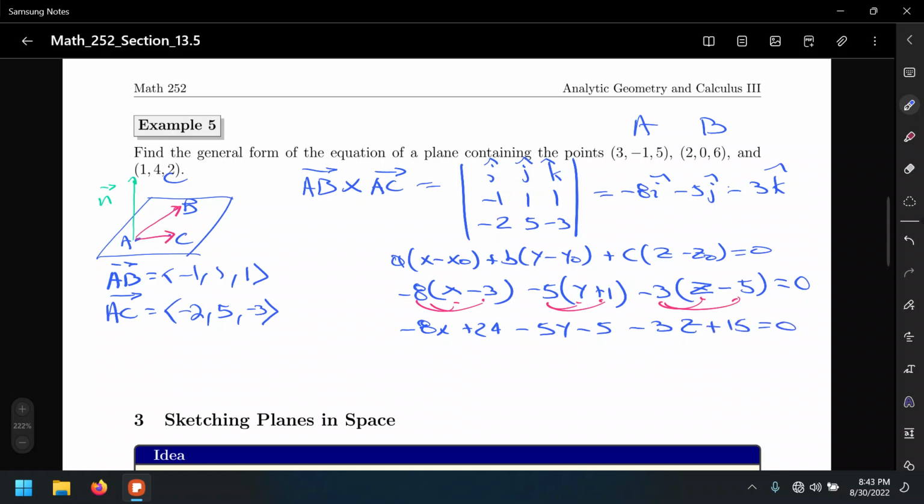Okay, 24 minus 5, that's a 19, plus 15, that's 34. So negative 8x minus 5y minus 3z plus 34 equals 0. And let's move the 34 to the right hand side. Equals negative 34. And of course, we can change all these negatives into positives to make this look nicer.